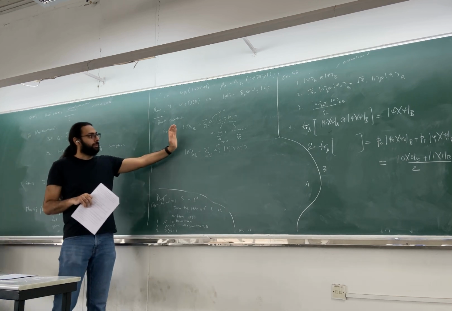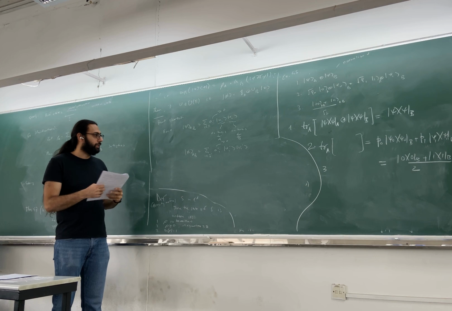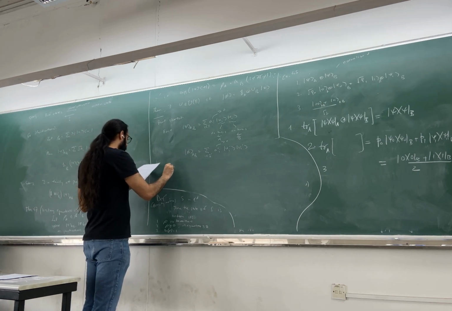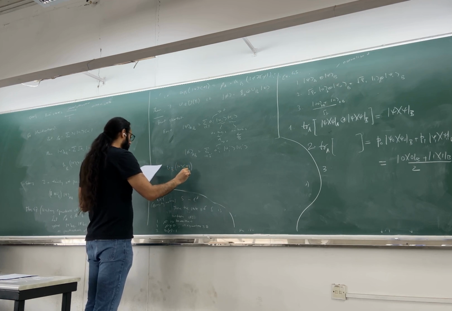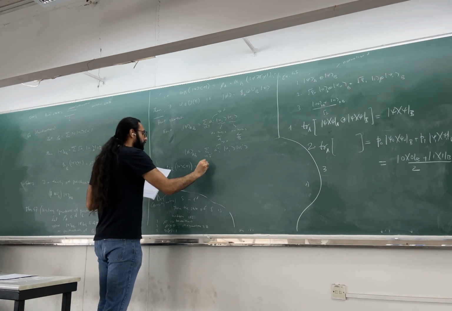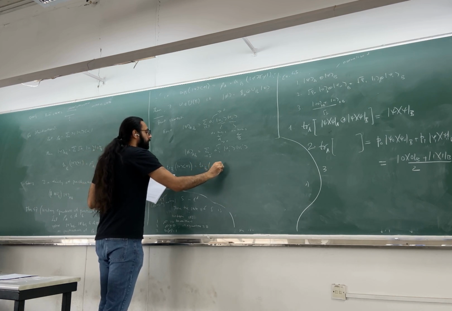Okay, so you start with psi AB and there's phi AB. It's not hard to see. So trace B of psi is the same as trace B of phi, which we are given.